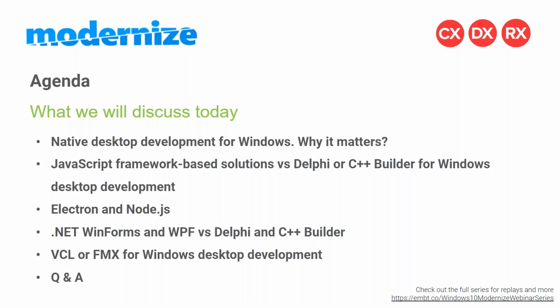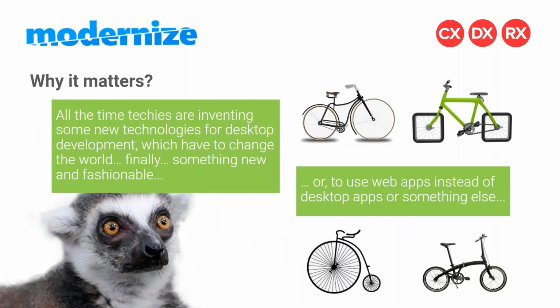Later, we will check how Electron and Node.js solutions and frameworks work, and in the end, as additional information, we will compare Delphi development with WinForms and WPF, solutions from Microsoft. And of course, I will say a couple of words about the FMX framework, also for Windows desktop development, and why it matters.